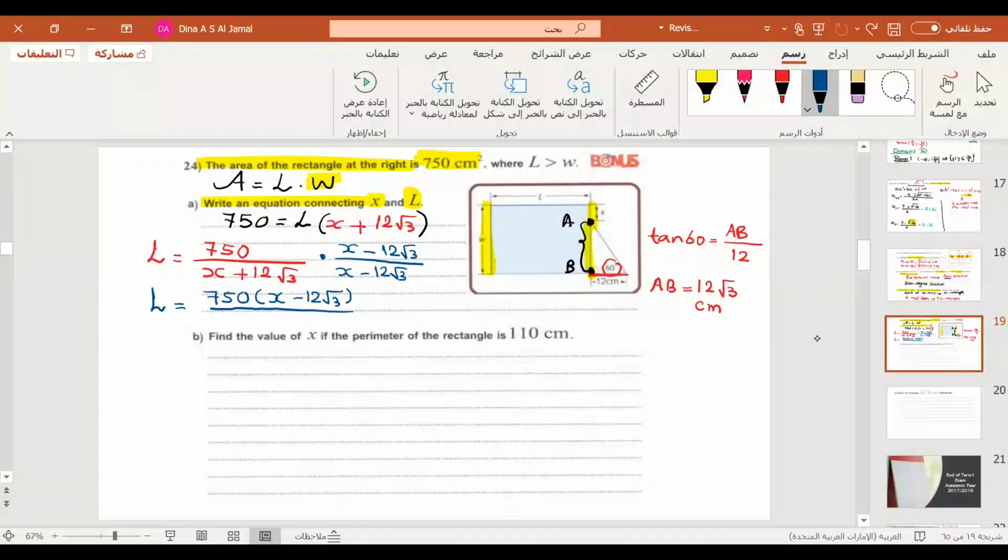It will be x squared minus 432. You can use FOIL method, or you can use the property, I will write it here for you: a minus b times a plus b will be giving you a squared minus b squared.